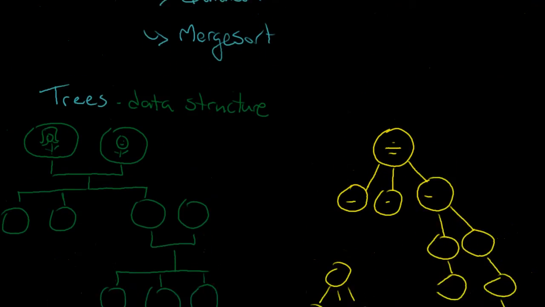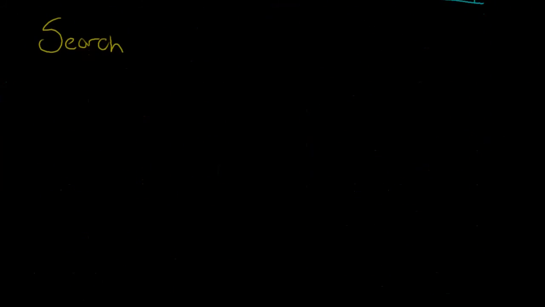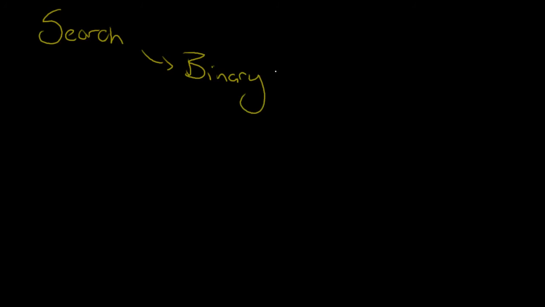Okay. The last one I want to talk about, and this is something that we are going to talk about in the next video as well, because we're going to do an example with this, is search. And much of the stuff I did up here, if I did these three up here, these often involve some sort of search. You're either searching for a number, or you're searching for text, or you're searching for something in a tree. And search has things like binary search, and that's using a binary tree.